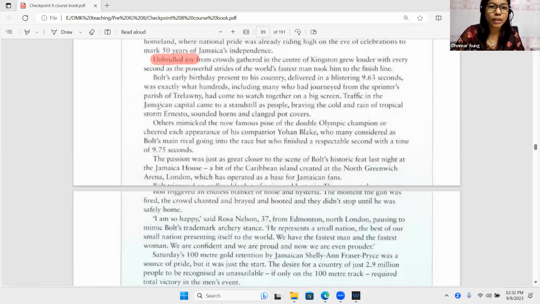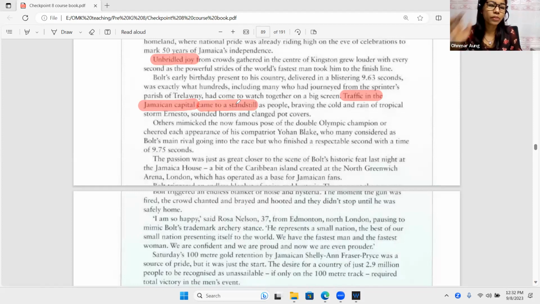Here, traffic means vehicles, right? Traffic in the Jamaican capital. So it means cars, motorcycles, came to a standstill. Highlight "came to a standstill."